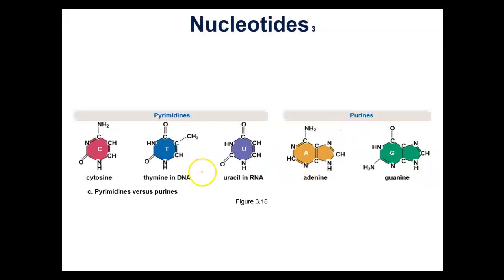The nucleotide bases are broken down into pyrimidines, which are single ring structures. Cytosine, thymine, and uracil are all pyrimidines, meaning they have a single ring. And purines are double ring structures. Adenine and guanine are the purines.